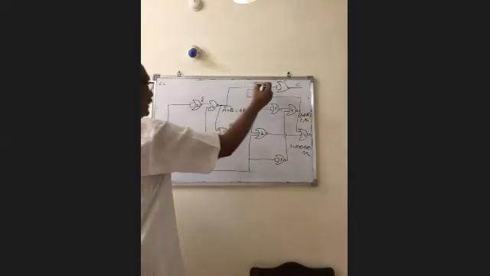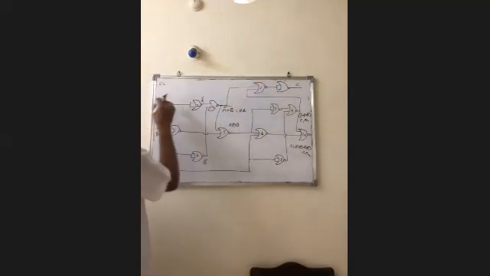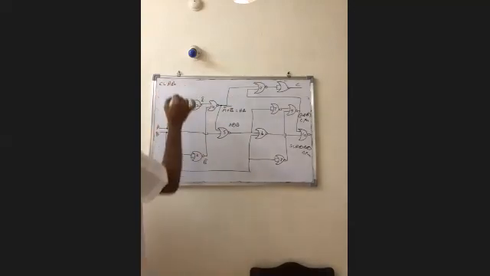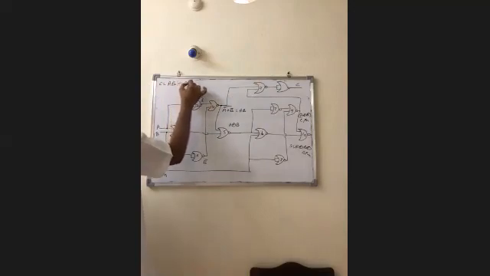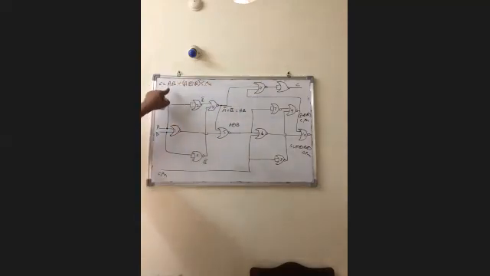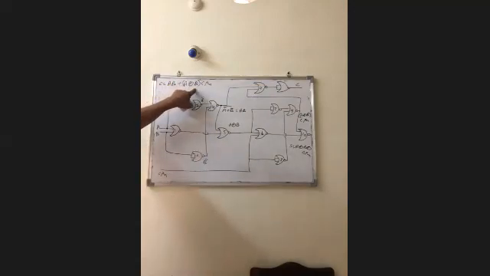So for NOR gate 11, what are the inputs? AB, and the second input is A exclusive OR B multiplied by Cin. This is the fourth gate output and this is the ninth gate output.